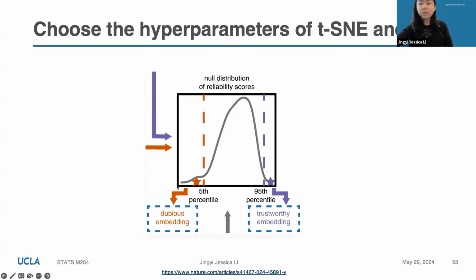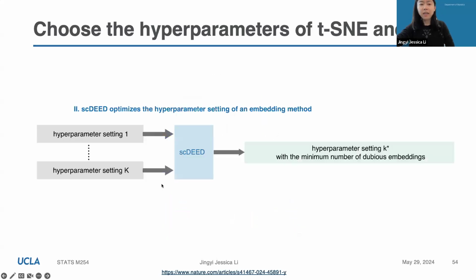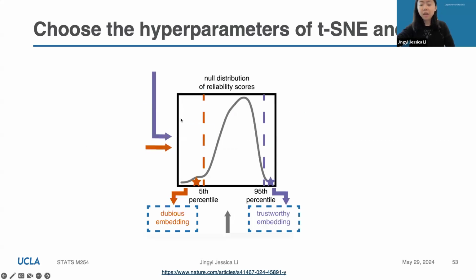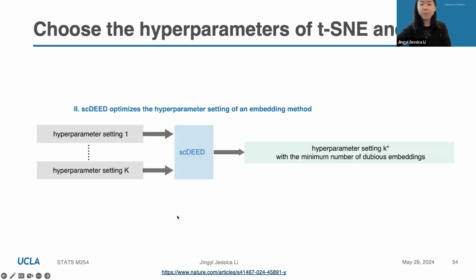So what we can do with this is that, given each hyperparameter setting, we can detect the number of embeddings that we regard as dubious. We count that number. Then if we try multiple settings, we can pick the setting that leads to the smallest number of dubious embeddings. That's how we do the optimization.